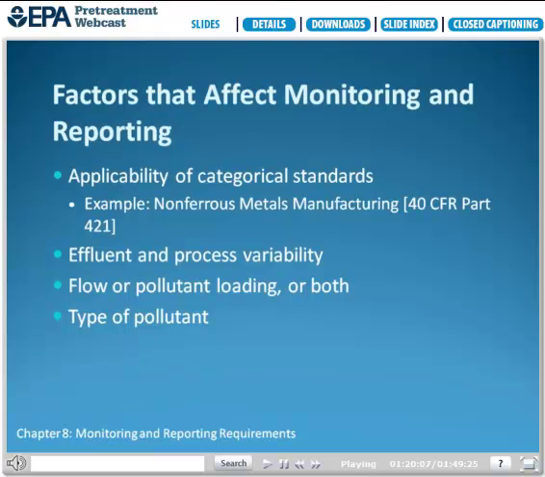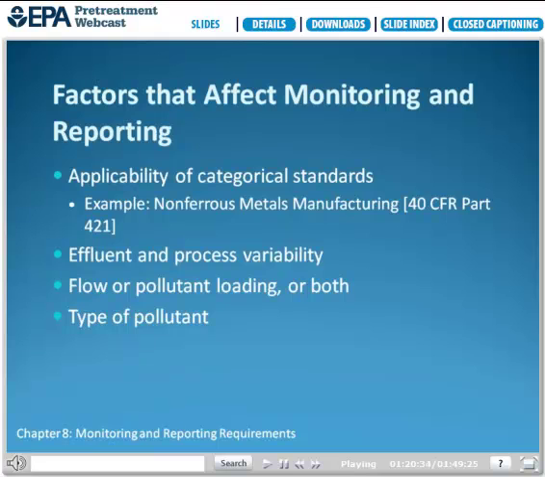And in the categorical regulations, you would want to review those and make sure that the monitoring is in accordance with the particular category. Most categories do not specify how many samples to take. However, there are instances like leather tanning where they have minimum monitoring requirements.